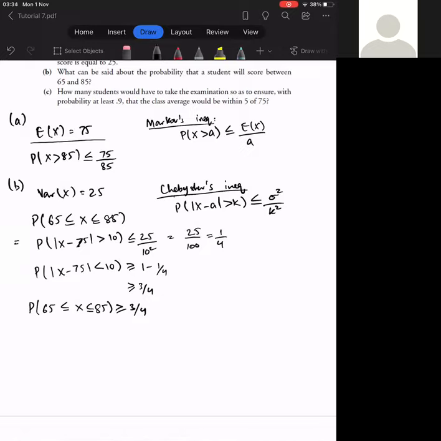For part C, we're asked how many students would have to take the examination so as to ensure with probability at least 0.9 that the class average would be within 5 of 75.